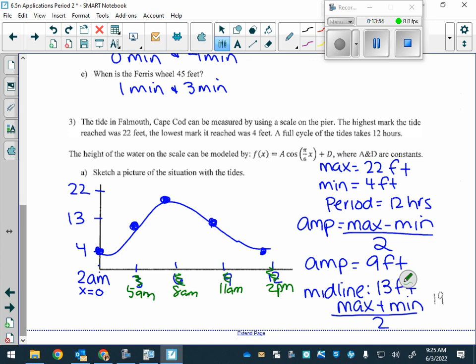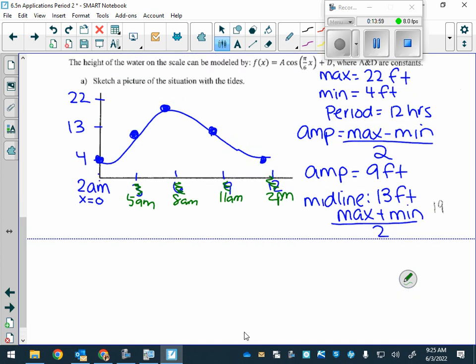I'll leave the graph up here for you guys to look up, instead of flipping back and forth. So here's low tide at 2 a.m. When is the next high tide? Yep. 8 a.m. Okay, so jot down 8 a.m. After that, when would be the next high tide?